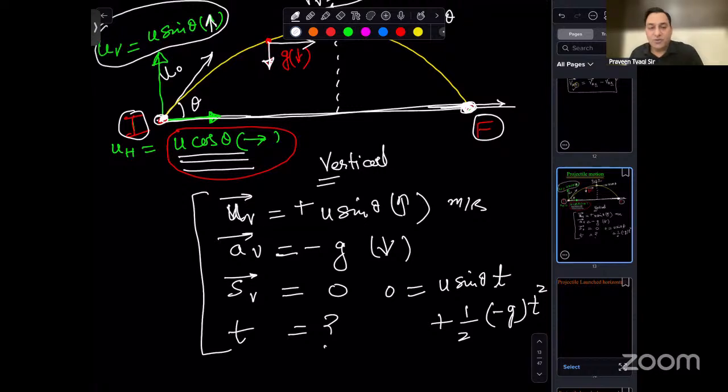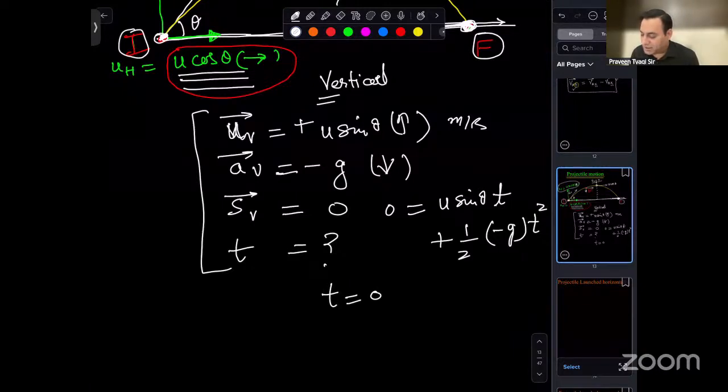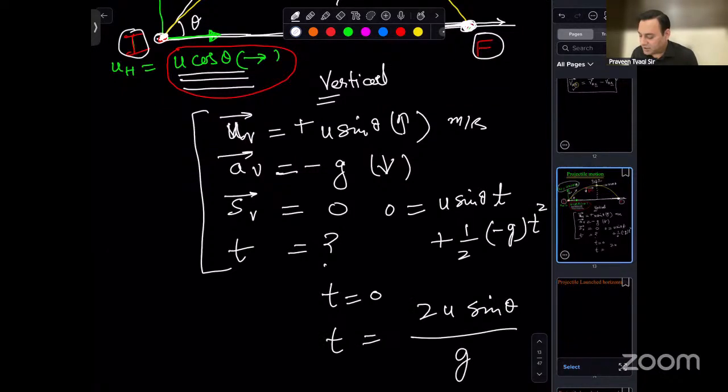Solving this, you will get a quadratic. t is equal to 0 is one solution, and the other solution is t is equal to 2u sine theta upon g. And that is the total time of flight.